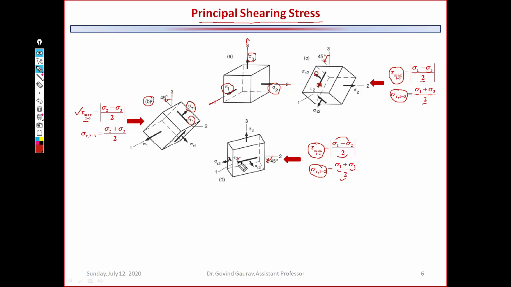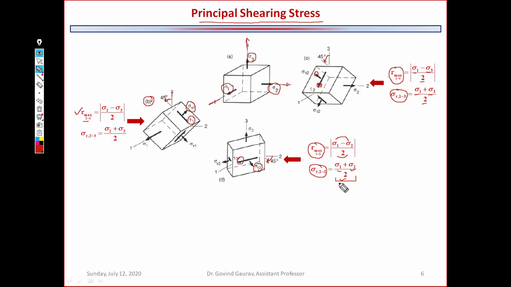The maximum values of the shearing stresses are these values, and the normal stresses acting on the planes of the maximum shearing stresses, represented by sigma tau 3, on the planes 1 and 2, is sigma 1 plus sigma 2 divided by 2.